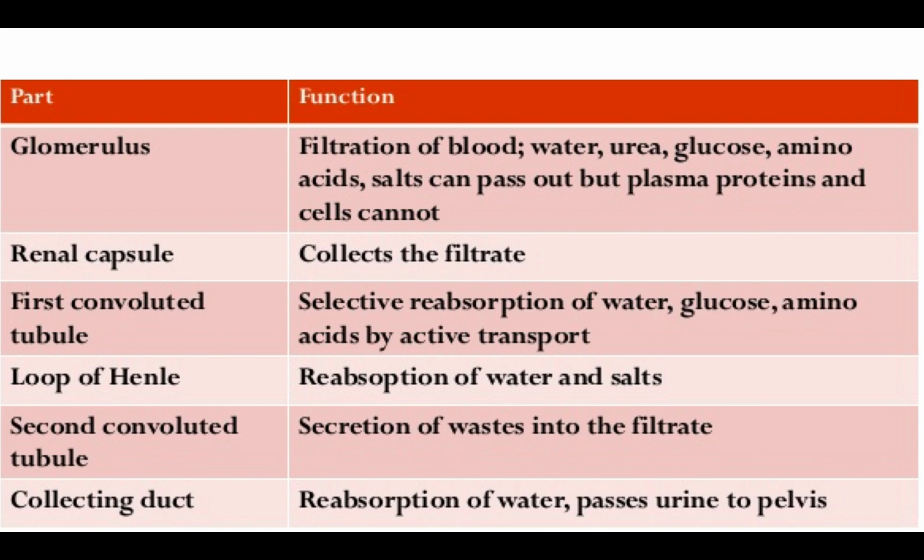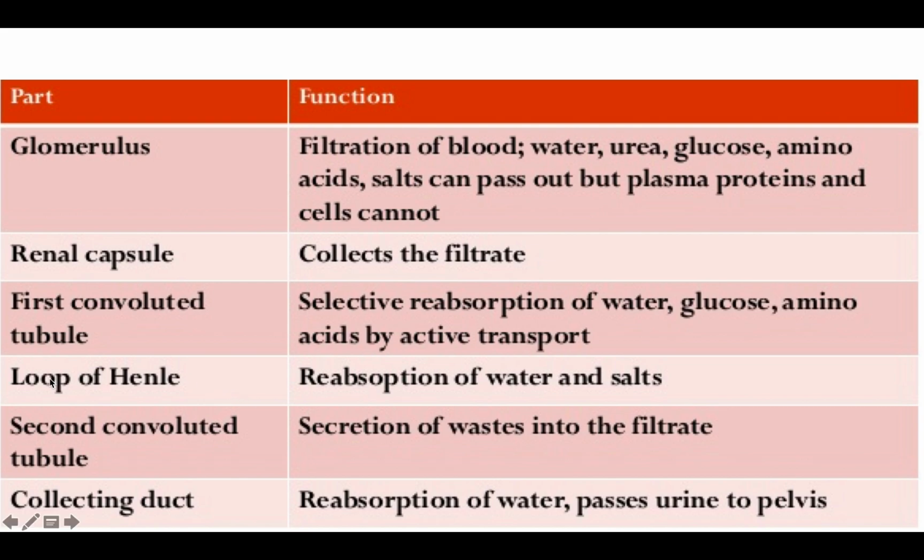All of those are considered filtrate. That gets collected through the renal capsule. It then moves into the proximal convoluted tubule, where selective reabsorption of water, glucose, amino acids happens by active transport, to maintain the levels there.